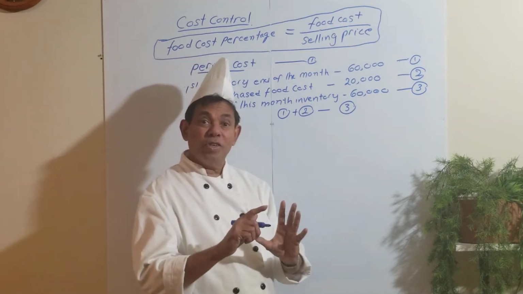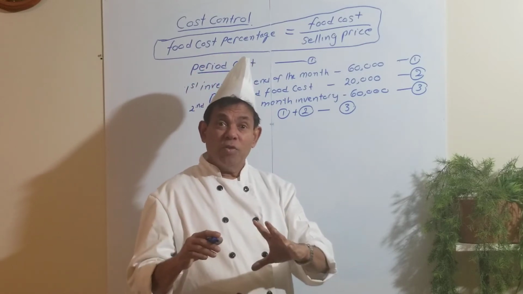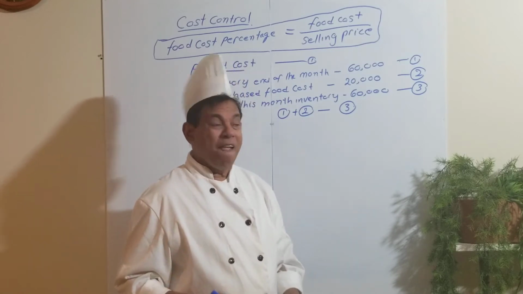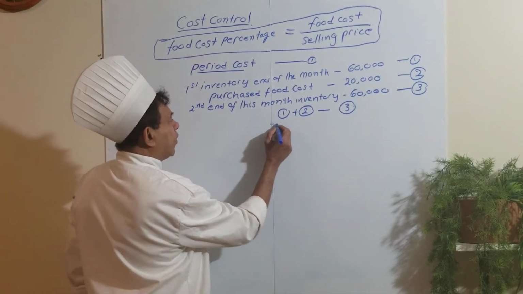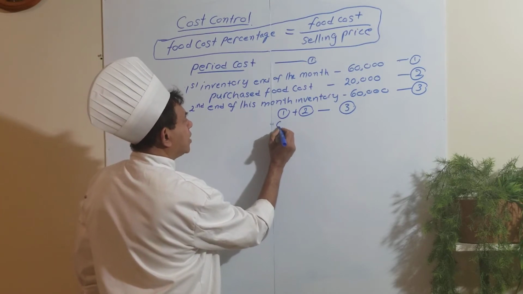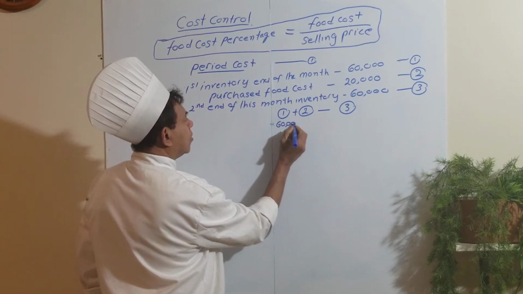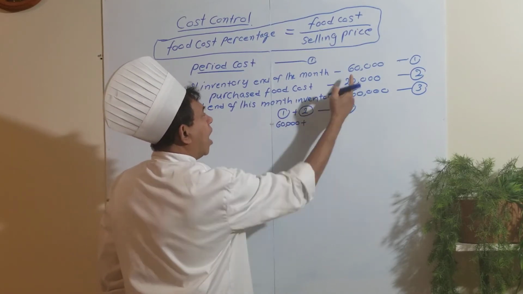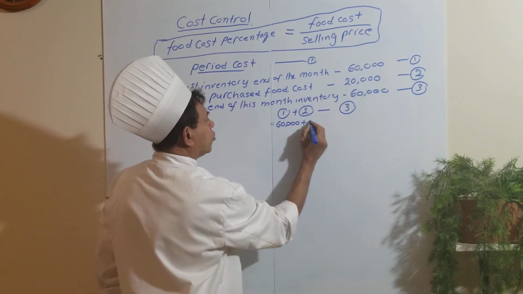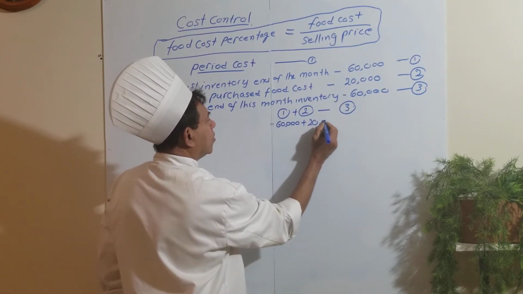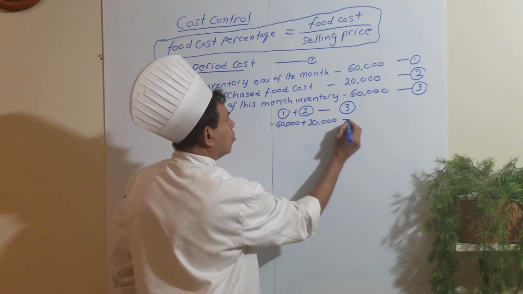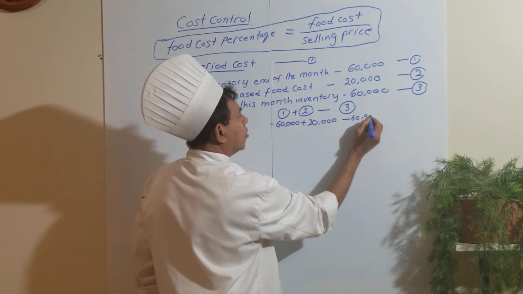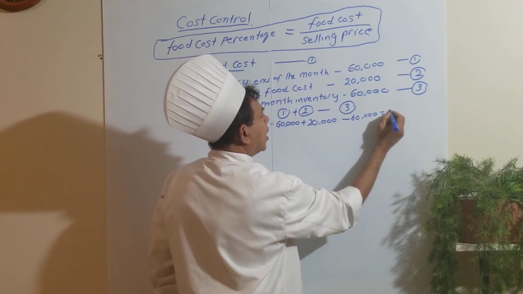That is the amount of items I use for cooking from the storage. So now 60,000 plus the food I bought after the last month's inventory, 20,000, minus 60,000, equals 20,000.